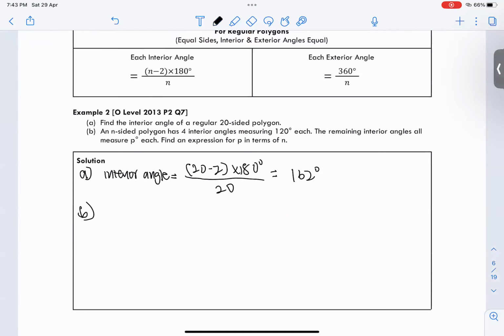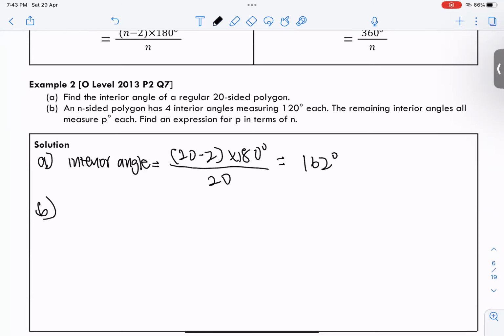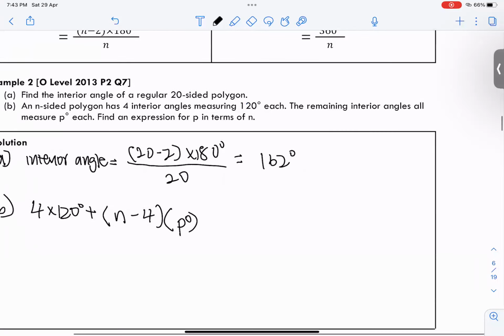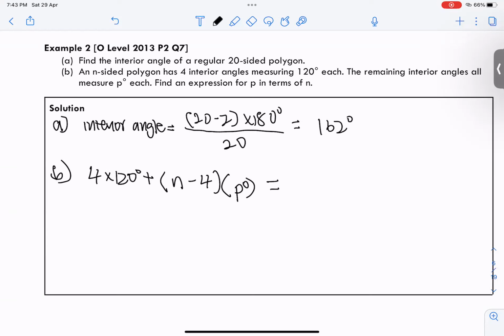So, like what I said just now, you write down in mathematical terms, 4 times 120 degrees plus the remaining interior angles, n minus 4, multiplied by p, because all of them are p degrees, equals the total sum of the interior angles.